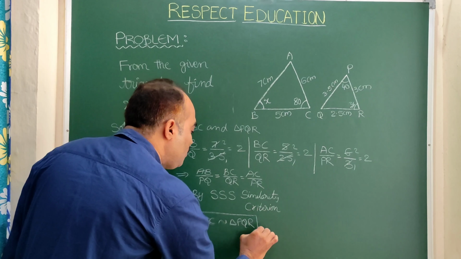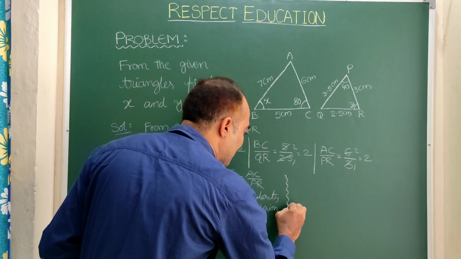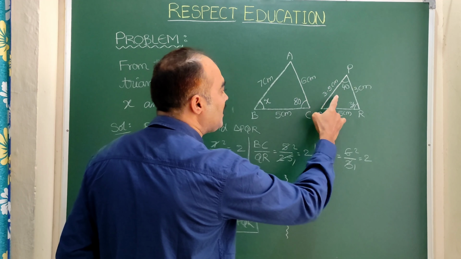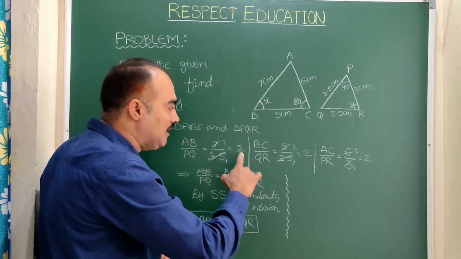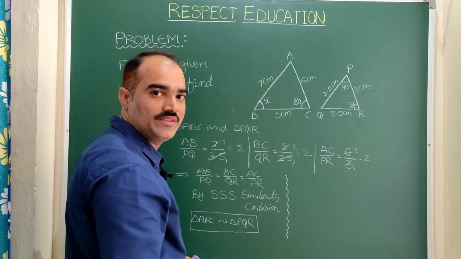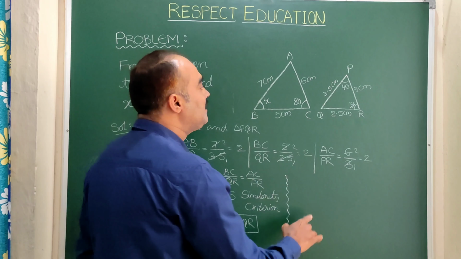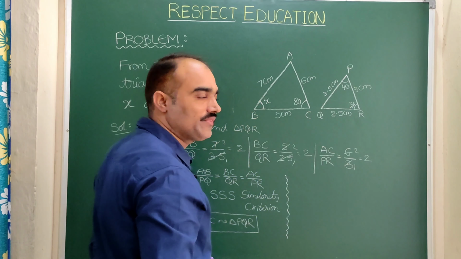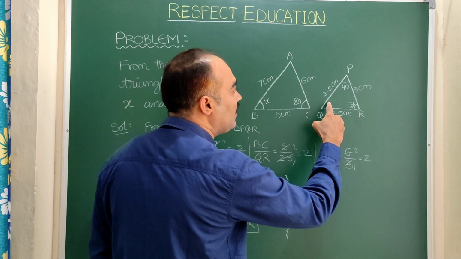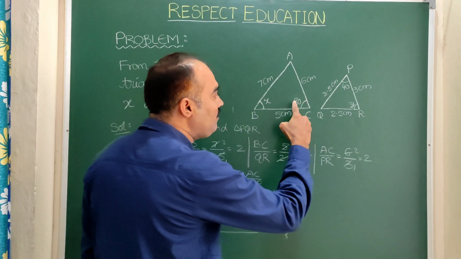When two triangles are similar by SSS similarity criterion, if the sides of two triangles are proportional, meaning the ratios are equal, then their corresponding angles are equal and hence the triangles are similar. So here we have proved those are similar. Now the condition is that corresponding angles are equal. For X, the corresponding value is not known. For Y, the corresponding value is 80.